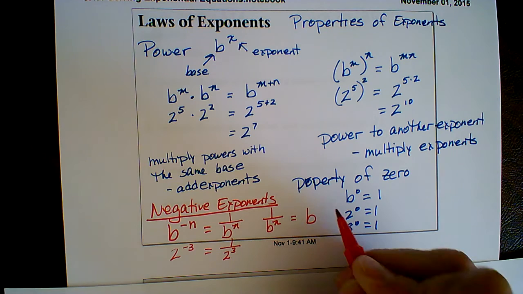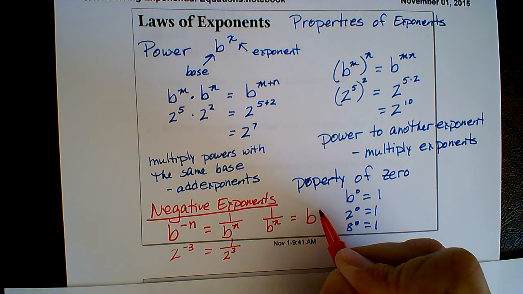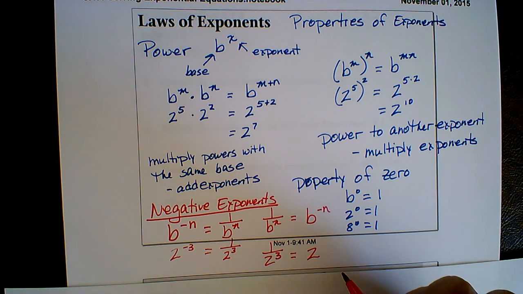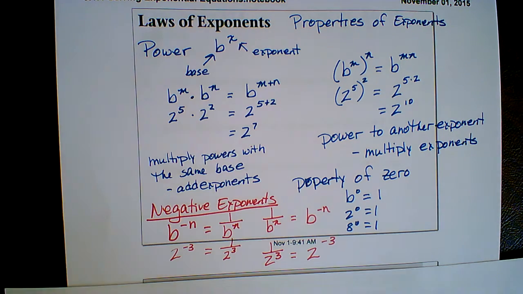So 1 over b to the n becomes b raised to the negative n. So in our instance before, if we have 1 over 2 to the third, I want to figure out what that is with a base of 2. That becomes 2 to the negative third. So we'll do this a few times in our examples and it'll start to feel easier.